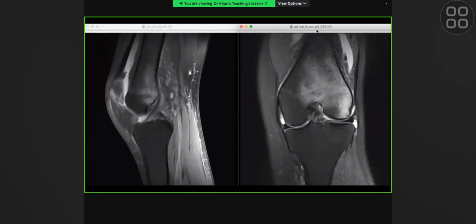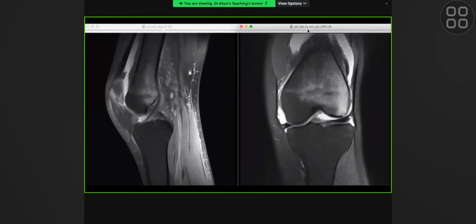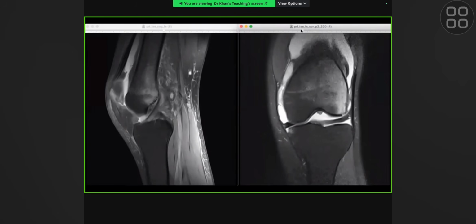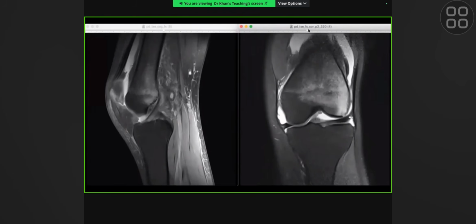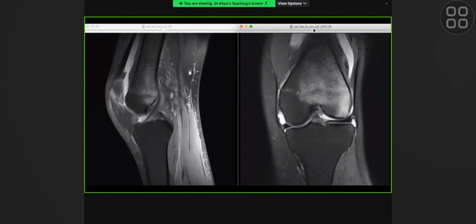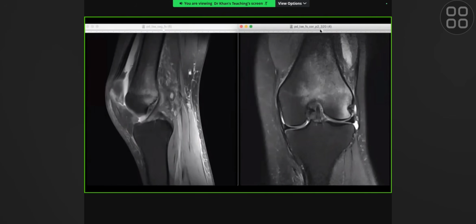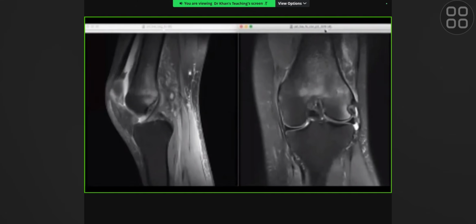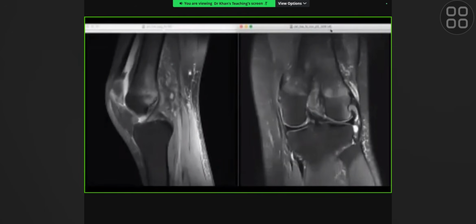Specifically looking at the PCL on the coronal view to see if it's normal. The PCL looks fine actually because it's rounded and it's dark.